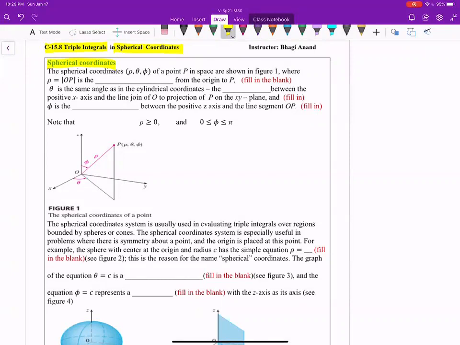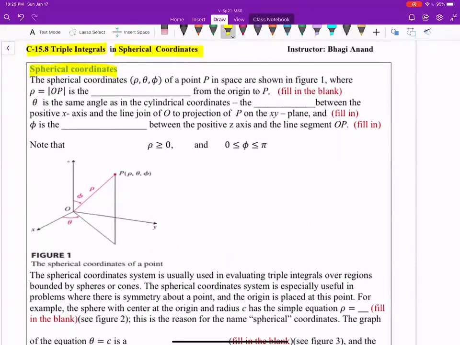The spherical coordinates rho, theta, phi of a point P in space are shown in figure 1, where rho is the distance between O and P. As shown in this figure, rho is the distance from the origin to P.